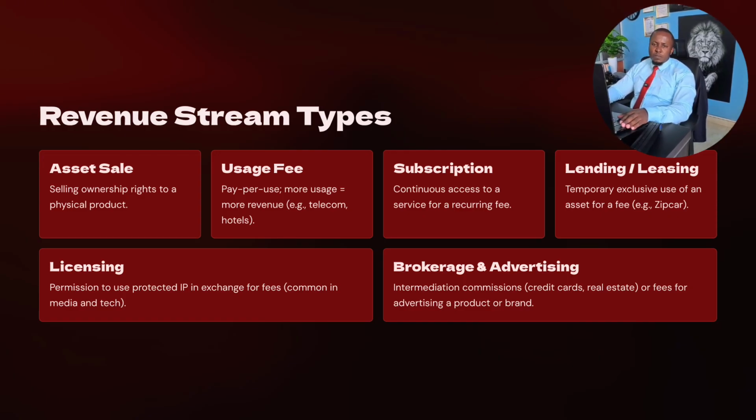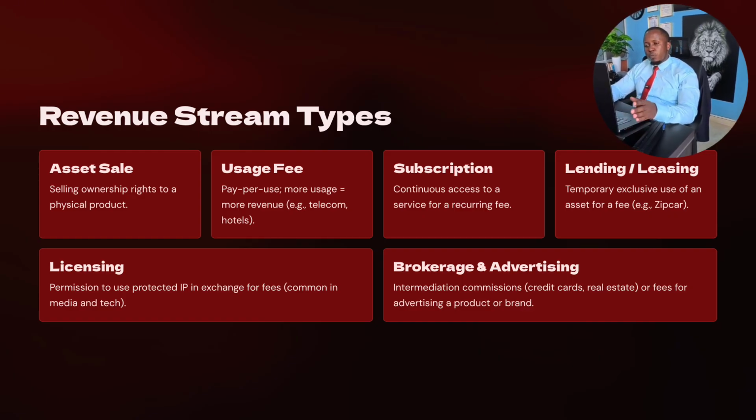So the first one is an asset sale. For an asset sale, here you're selling ownership rights to a physical product. This is what I mentioned earlier in the case of transactional revenue. So for an asset sale, once you sell your products, you earn immediately.